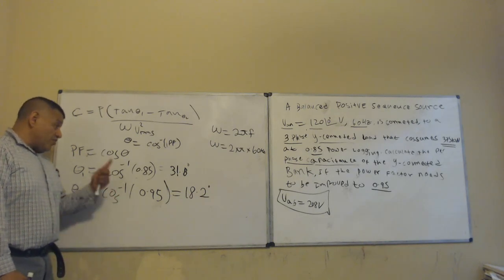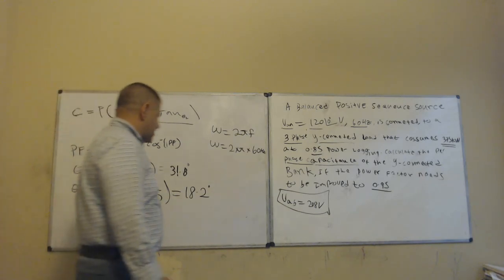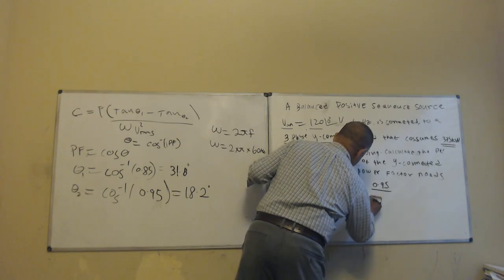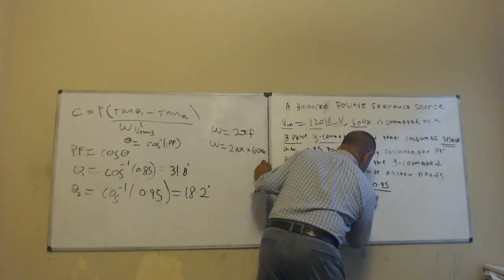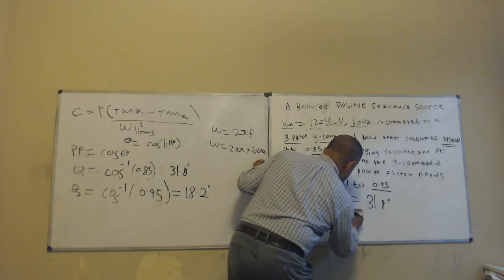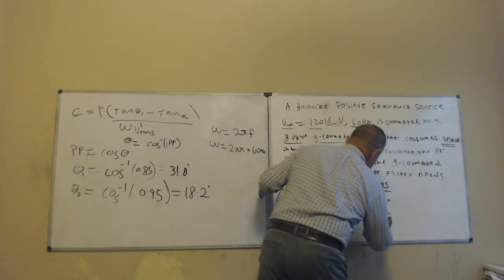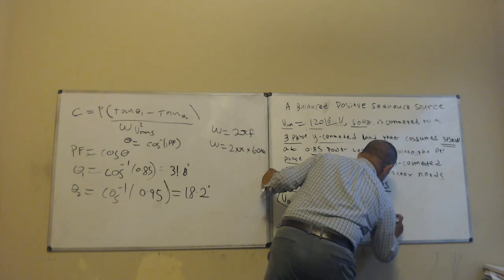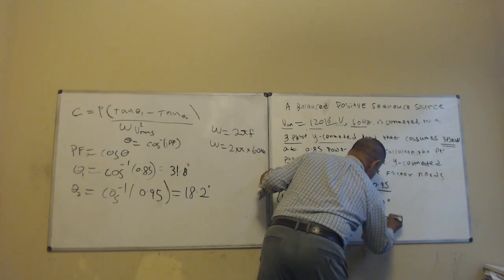Now that we have those numbers, we have everything we need, right? So I can say that theta 1 equals 31.8 degrees, and theta 2 is equal to 18.2 degrees.